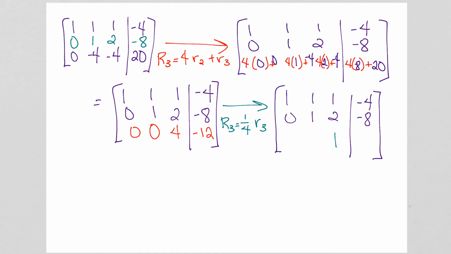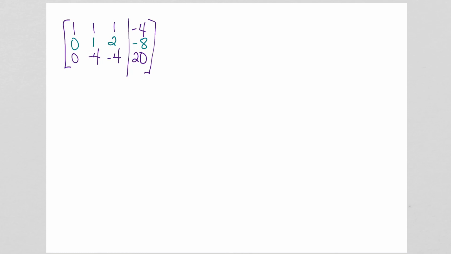So 0 divided by 4 is 0, 0 divided by 4 is 0, 4 divided by 4 is 1, and -12 divided by 4 is -3. Now we have our matrix ready, to turn back into a system and solve.